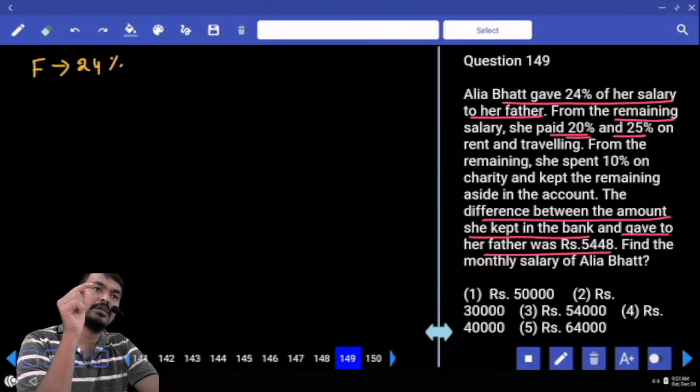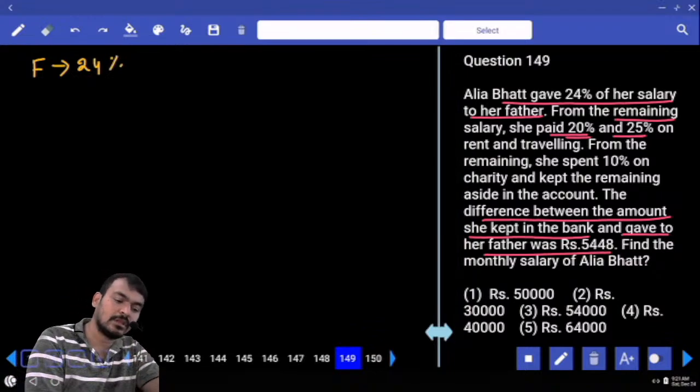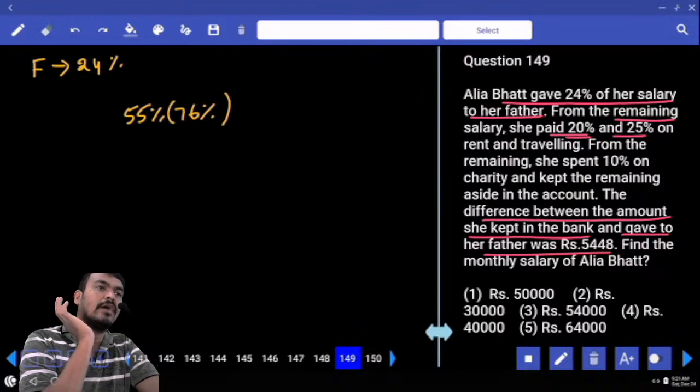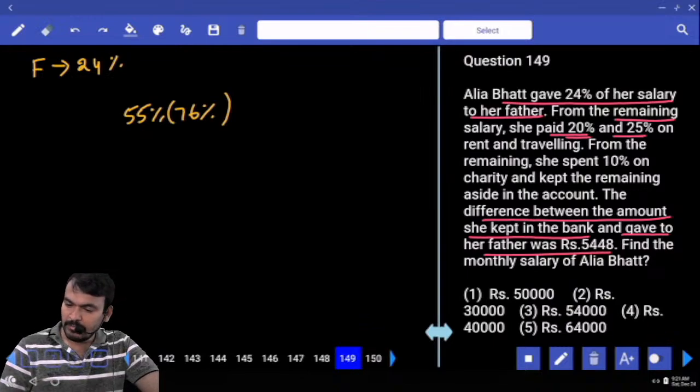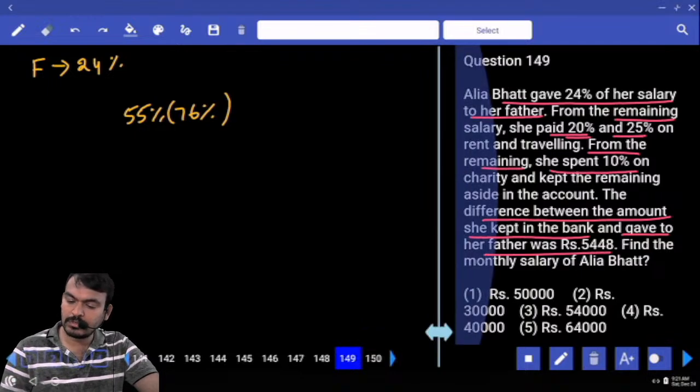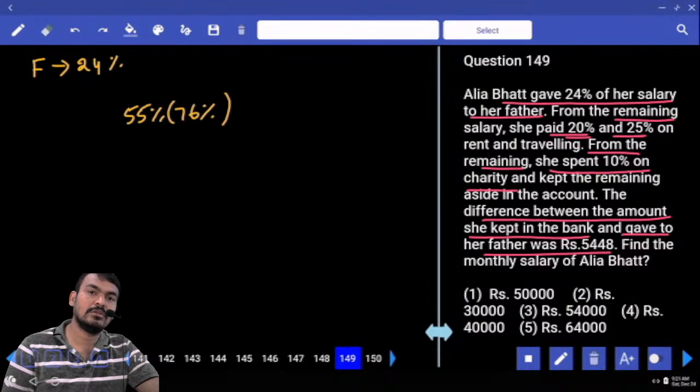Out of 76, 45% completed means remaining 55% of which one? 76%. That is the remaining value. Next, from the remaining value, she spent how much? 10% on which one? Charity.